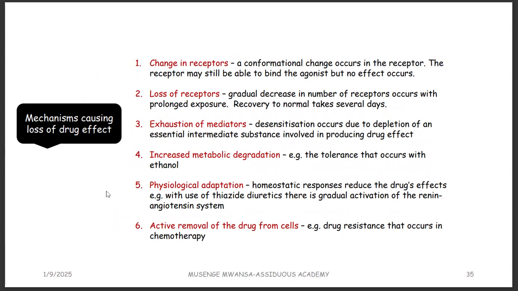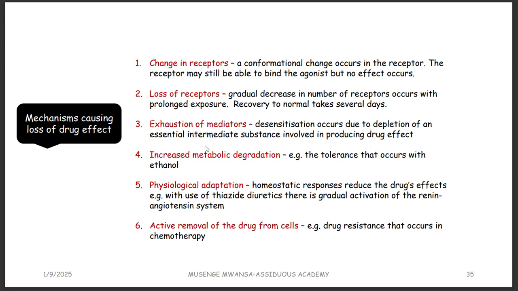What are the mechanisms that can cause loss of drug effect? Maybe there is a change in the receptor. The receptor has changed, so when you give the drug, it can't find the receptor it was supposed to interact with anymore, so there will be no effect. Or maybe there is loss of receptors, which happens with prolonged exposure to a certain drug. There can also be exhaustion of mediators. Desensitization occurs due to depletion of an essential intermediate.